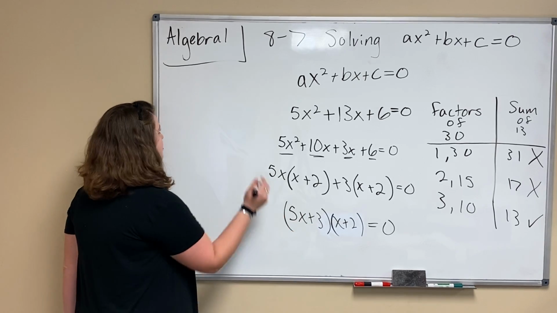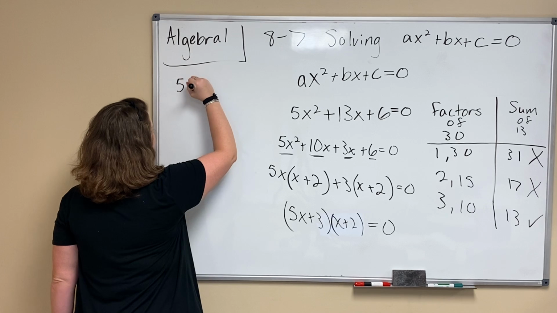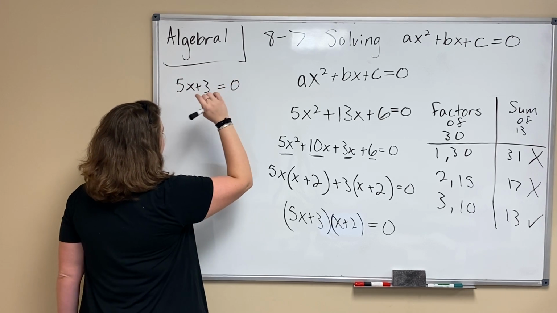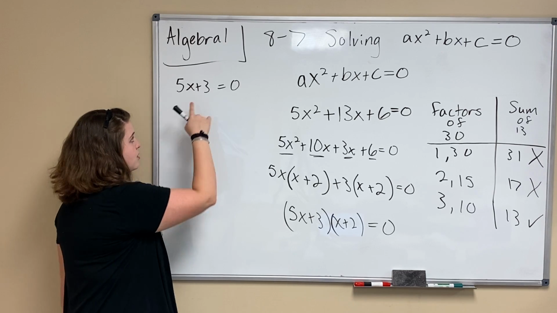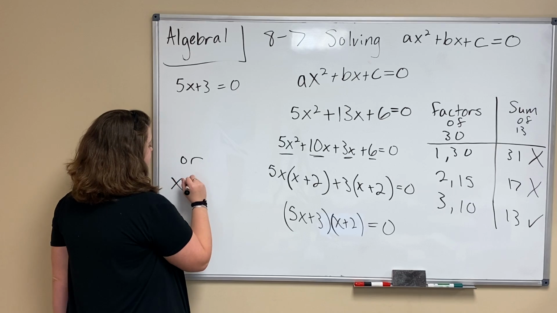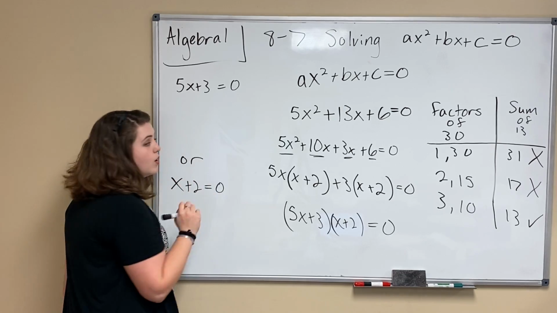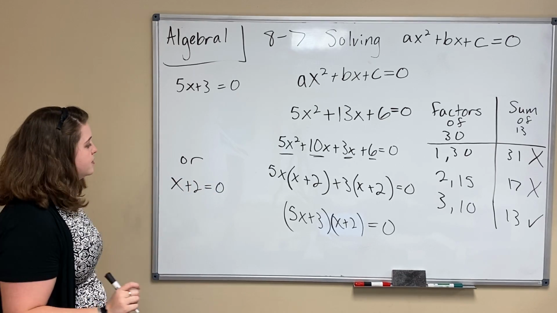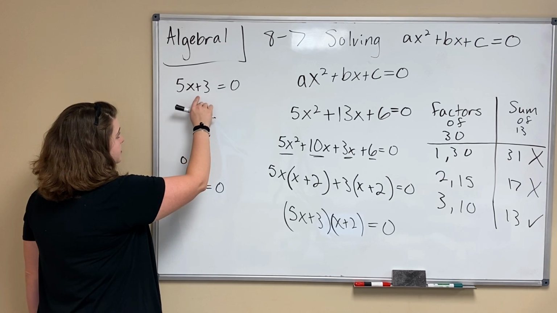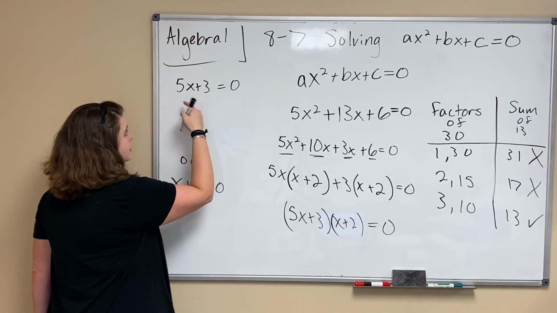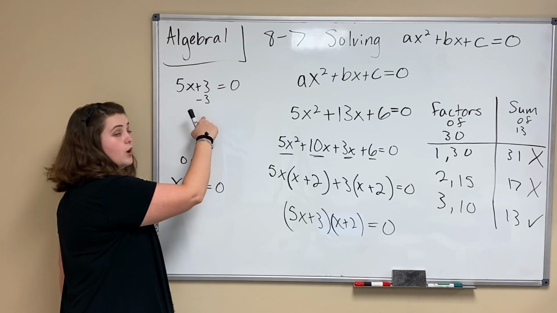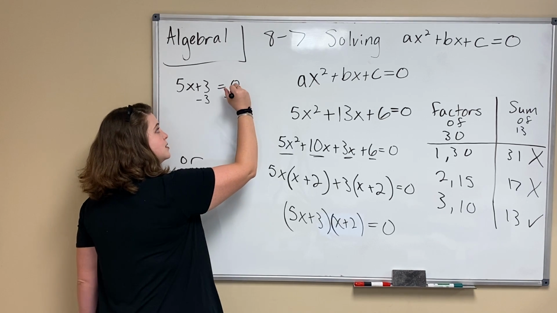So what I'm going to do is set up 5x plus 3 equals 0. So either 5x plus 3 equals 0 or x plus 2 equals 0. One of those has to be true. So to solve this, I'm going to solve both of them. To solve 5x plus 3 equals 0, I'm going to undo what's happening to x, so I'm going to say minus 3. If I do it to one side, I have to do it to the other side, so I'm going to say minus 3 over here.